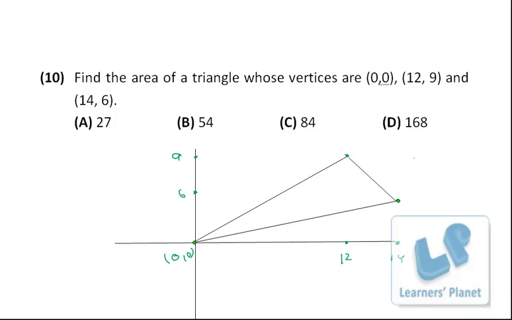So this is a triangle. We have to find out the area. Right now, to make the problem simple, what I can do is make a rectangle over here. So the length of the rectangle must be 14, and the height must be 9.